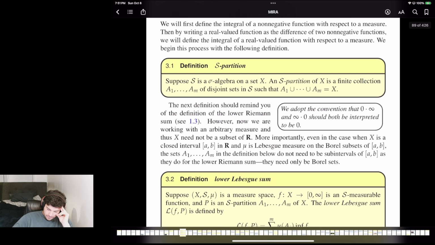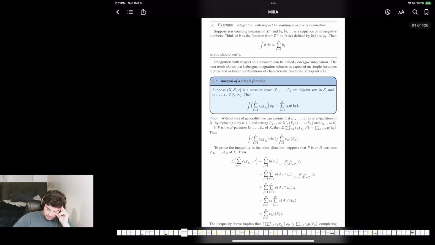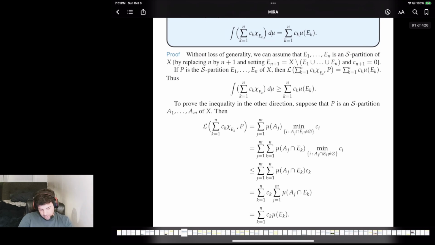Yeah, they're disjoint sets by definition. Okay, so they are disjoint.